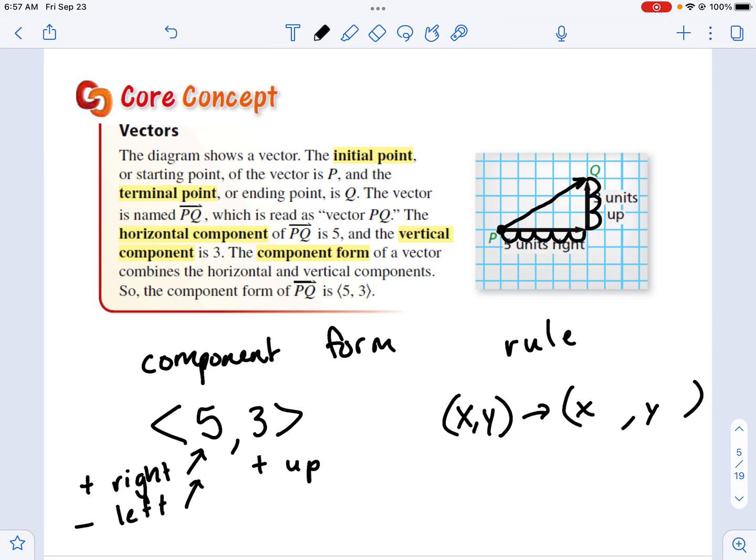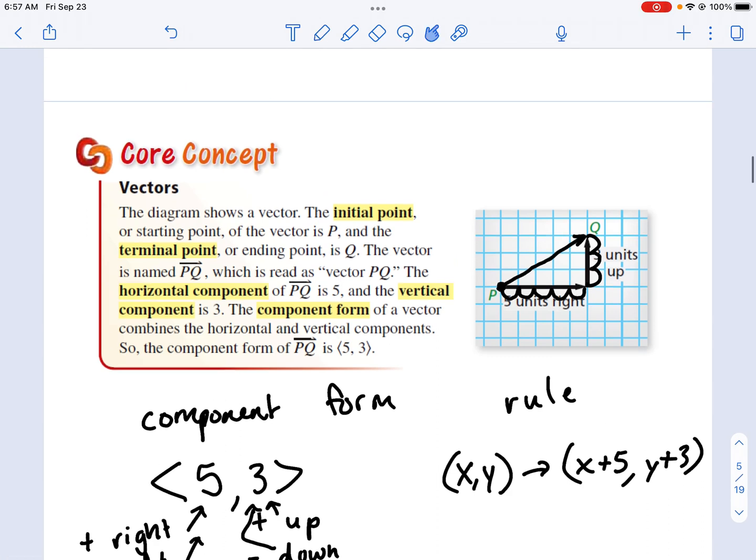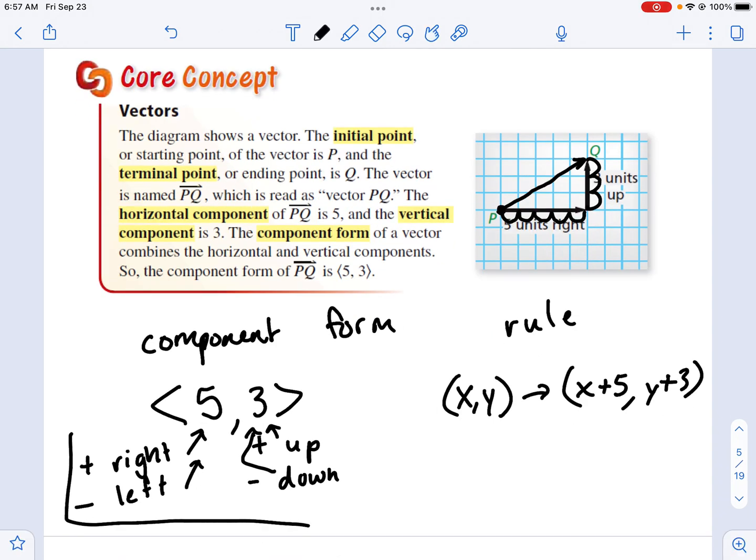Positive will move you up. Negative will move you down. So I would go ahead and write that down. You're going to need that. Now the rule here would be just, what did we do? Well, we had a positive 5 on the x and a positive 3 on the y. And we'll play around with that here in a little bit, but I think the important thing is make sure you have this. You're going to need it later.